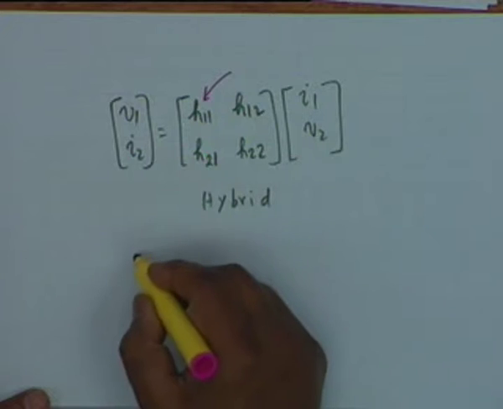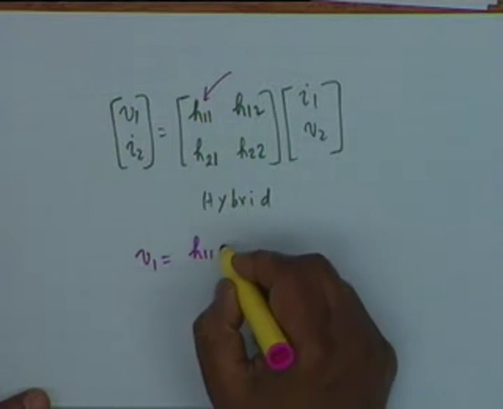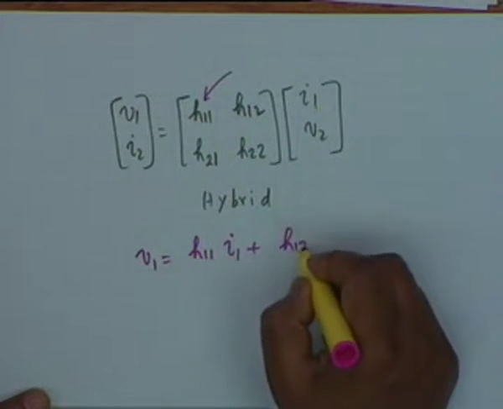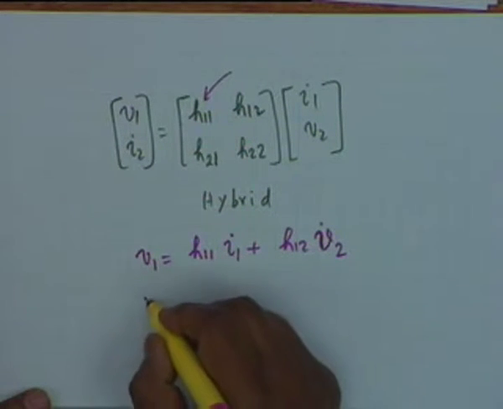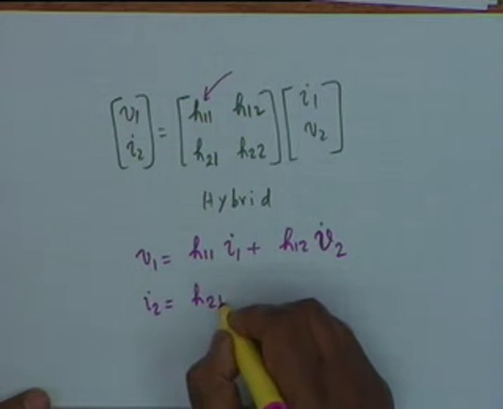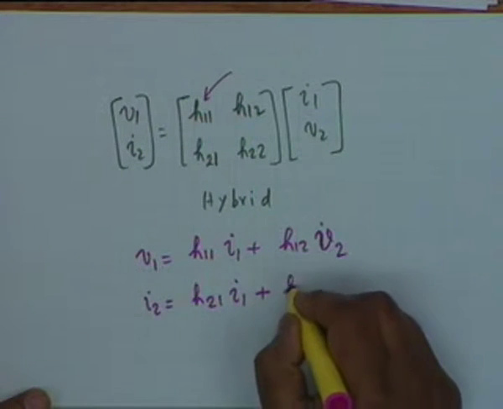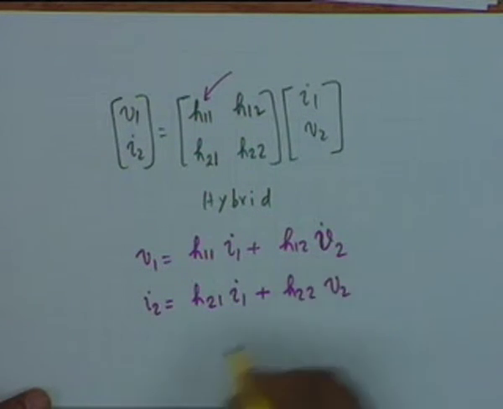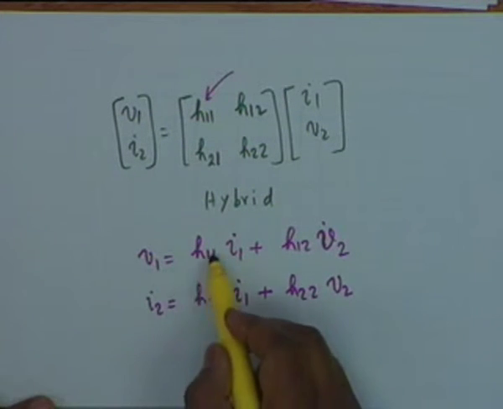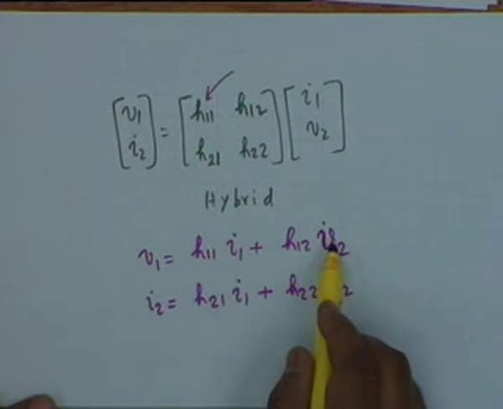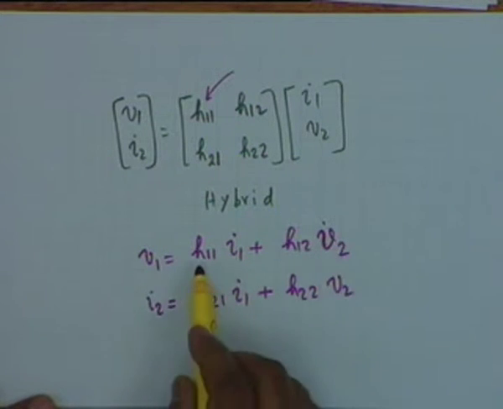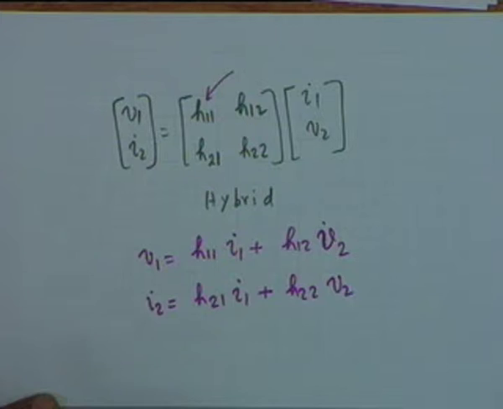All right. If I write this specifically, V1 equals H11 I1 plus H12 V2, and I2 equals H21 I1 plus H22 V2, then you notice that H11 is simply V1 by I1 with V2 equal to 0, which means that H11 has the dimension of impedance.